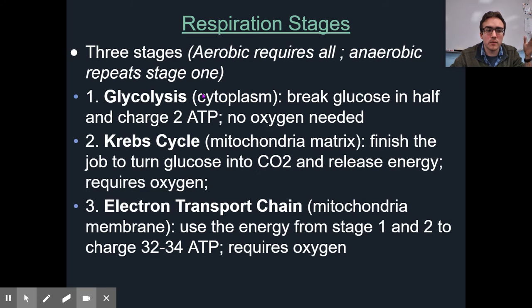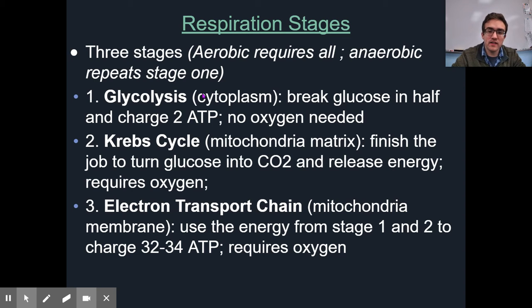So first, let's talk about aerobic respiration. There's 3 different stages to aerobic respiration. Aerobic respiration will go through all of the stages of respiration, whereas anaerobic respiration will only go through the first one, just repeats the first stage. So the first stage is called glycolysis. Glycolysis occurs in the cytoplasm, and what we're doing is that's where that glucose gets broken in half.